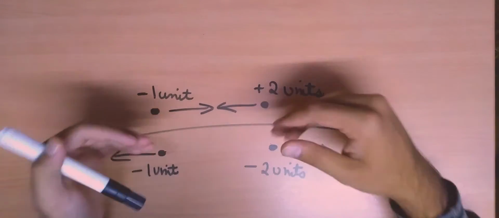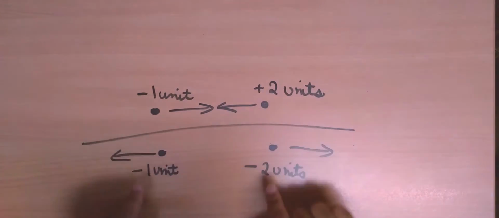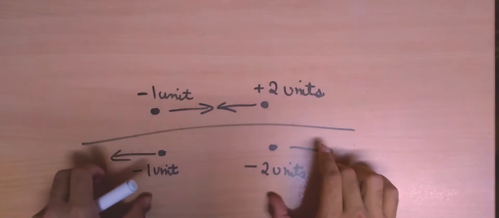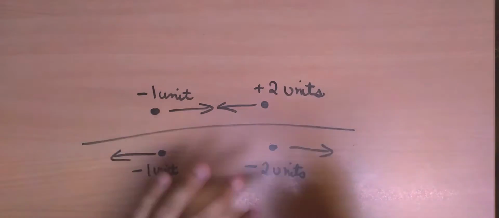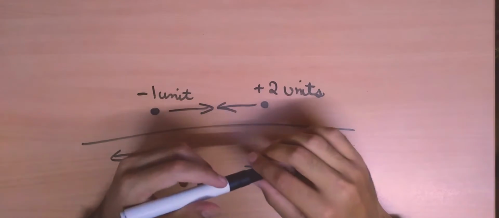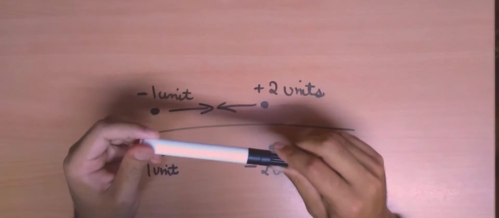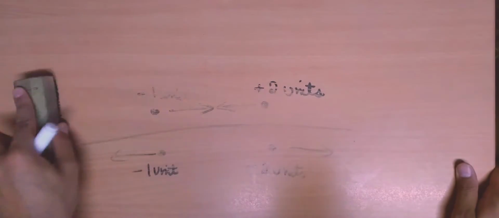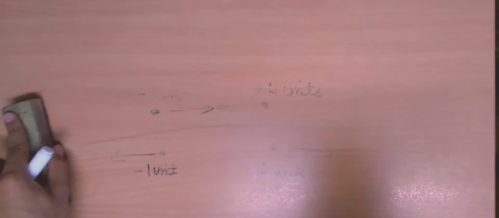On the other hand, if you have two particles with the same charge, either negative, negative or positive, positive, they would try to repel each other or push each other apart. So that's the basic idea of charges and the type of interaction they have between each other. Now let's not get into too much detail here.